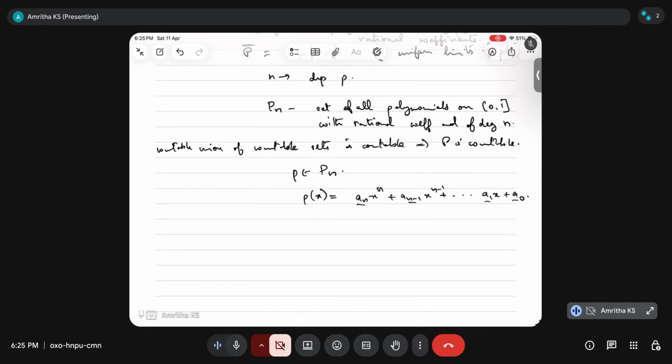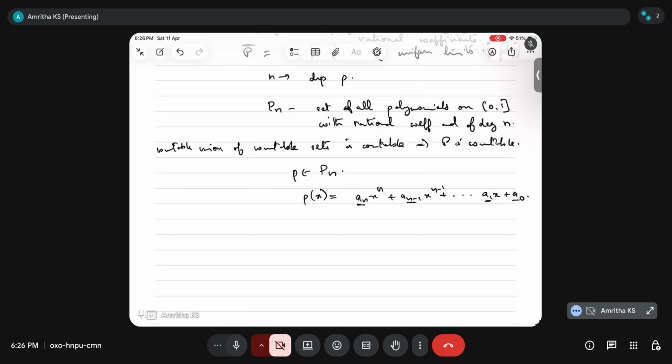So I can define all the polynomials in Pn by deciding my coefficients. So I just need to pick some n plus 1 rational numbers and decide my polynomial, right?